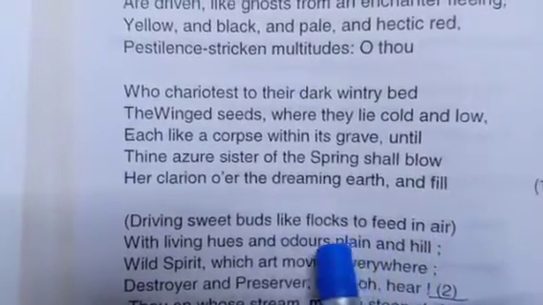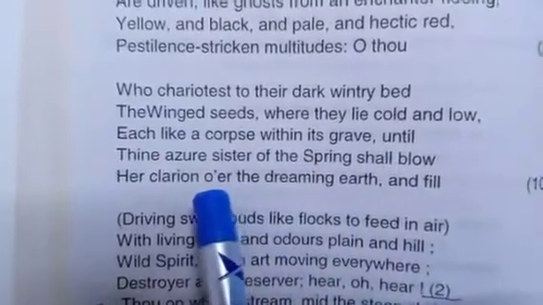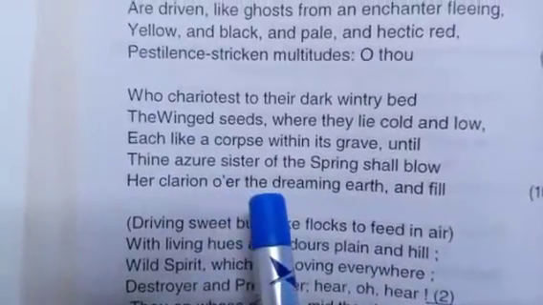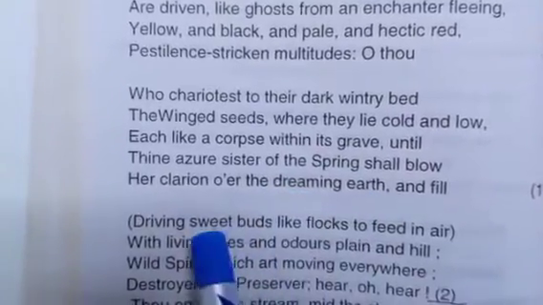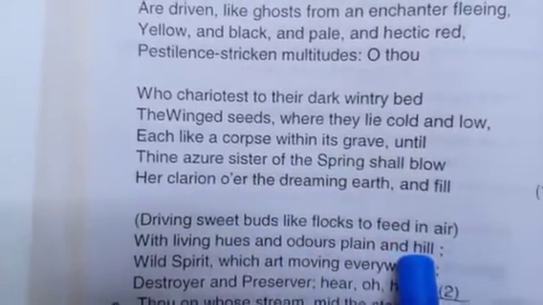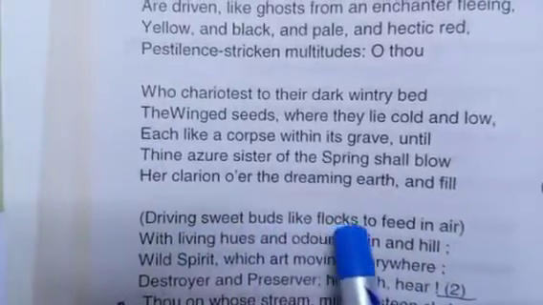When the spring comes, the seeds which were buried in ground sprout into plants which bear flowers and fill the entire plains and hills with fragrances, driving sweet buds like flocks to feed in air.